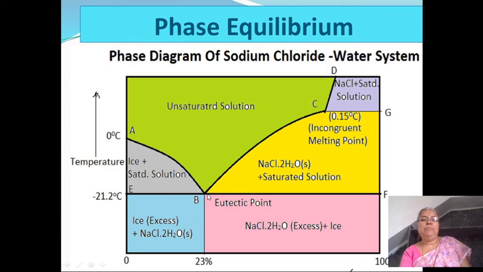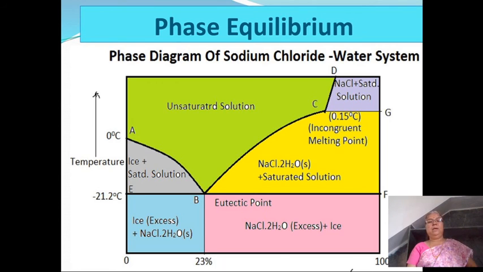Again the B point is a eutectic point, and at the eutectic point three phases are in equilibrium: ice, NaCl, and saturated solution. The curves are univariant and the eutectic point is a non-variant system.